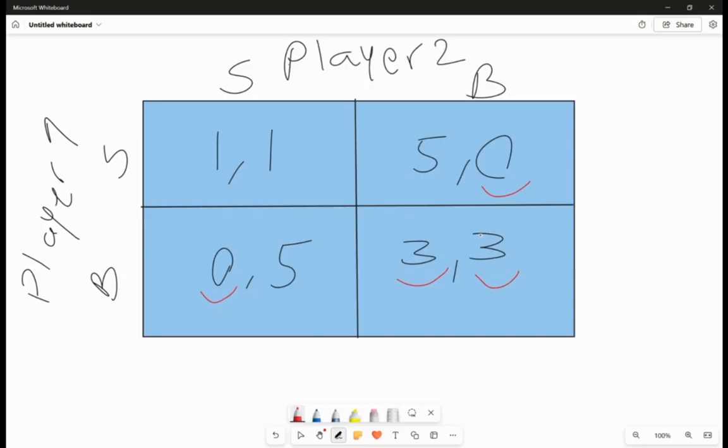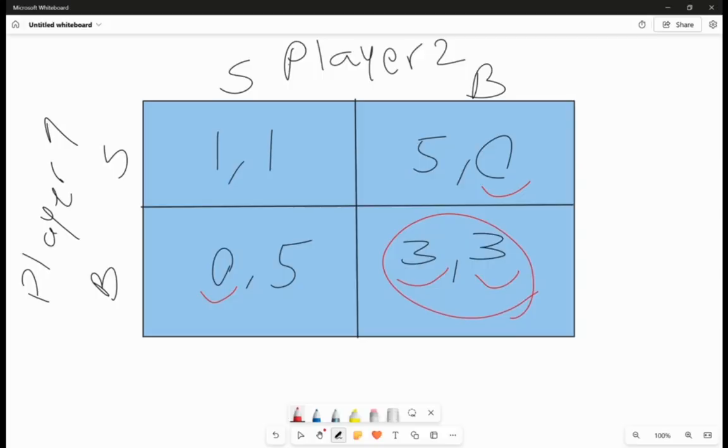What if player 1 wants to play blame? What is the best decision by player 2? Under blame by player 1, if player 2 remains silent, he's going to go to jail for 5 years. If he does not remain silent, then he's going to go to jail for 3 years, right? So under this strategy by player 1, the best response by player 2 is to play blame.